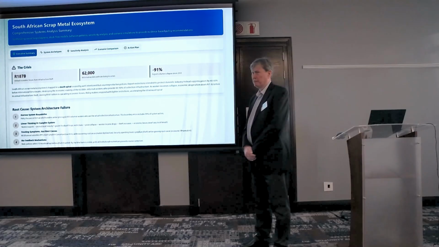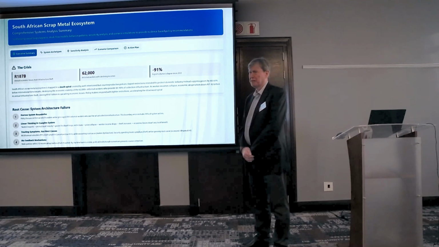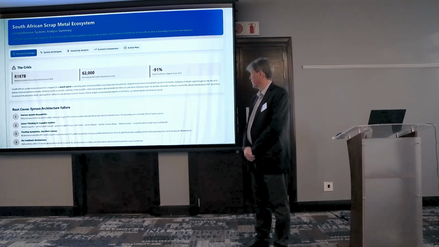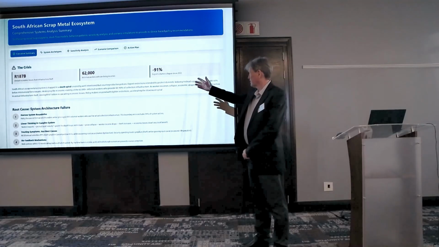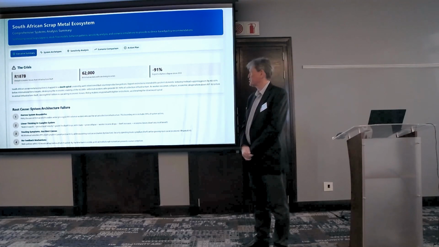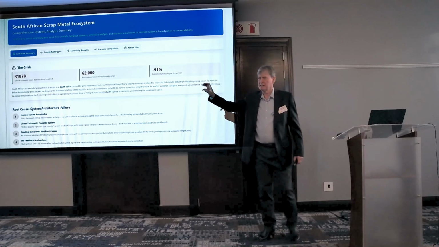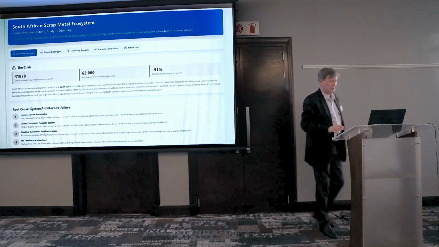I'm very thankful to Jeff and team, you'll see in the thanks, for pointing me in the right direction to correct that. You can see the types of numbers: 187 billion, 62,000 people, the collapse, etc. This was the relatively simplistic view of it.